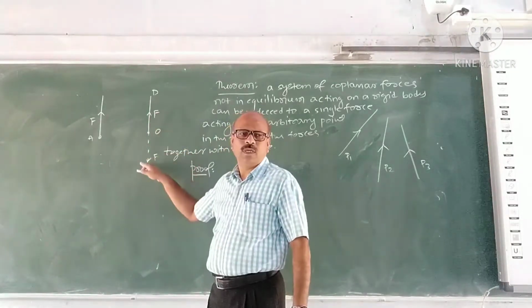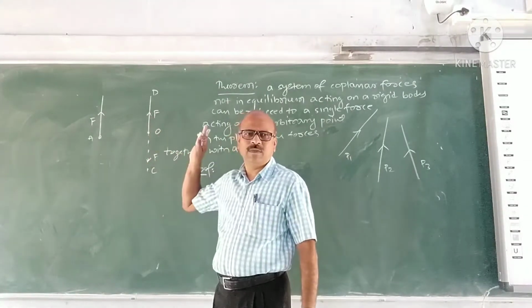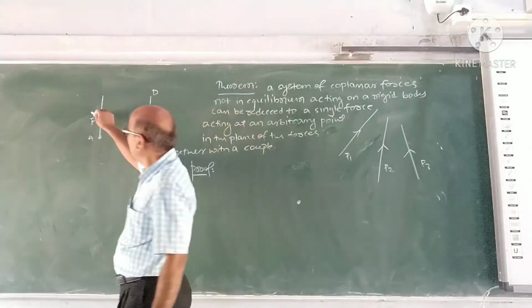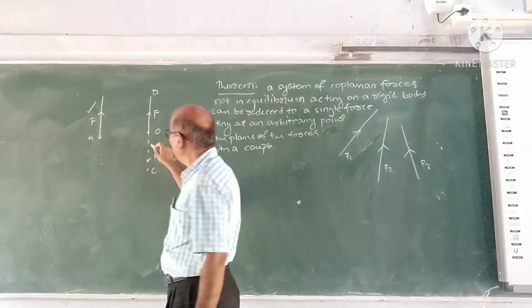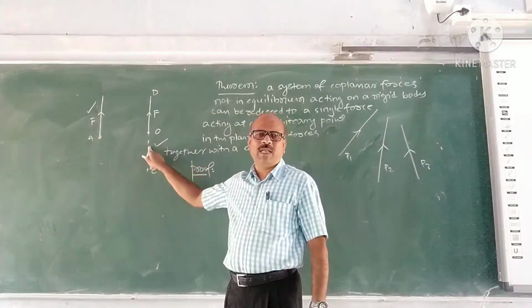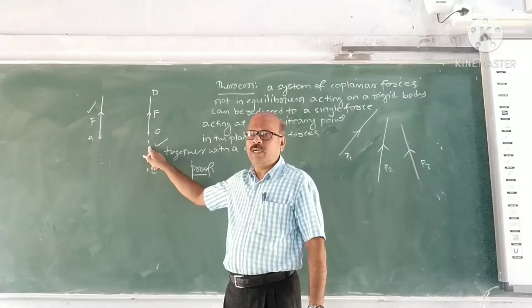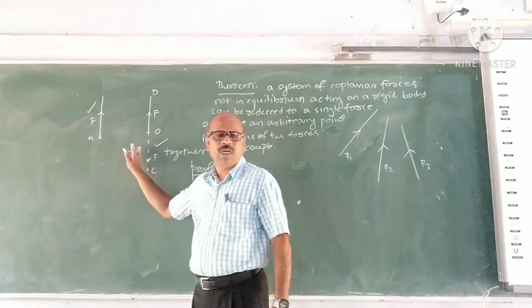These two have no effect on the system. They neutralize each other. Now the force F through A and force F along OC, these two being equal and parallel, are equivalent to a couple.